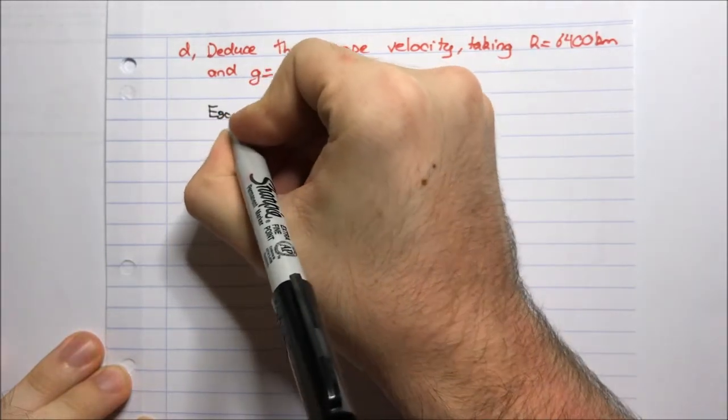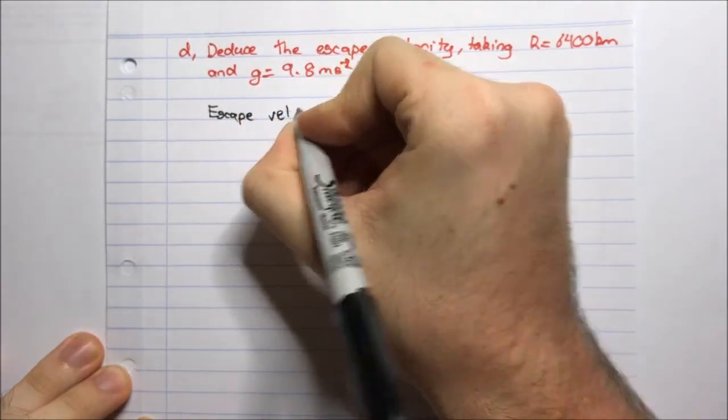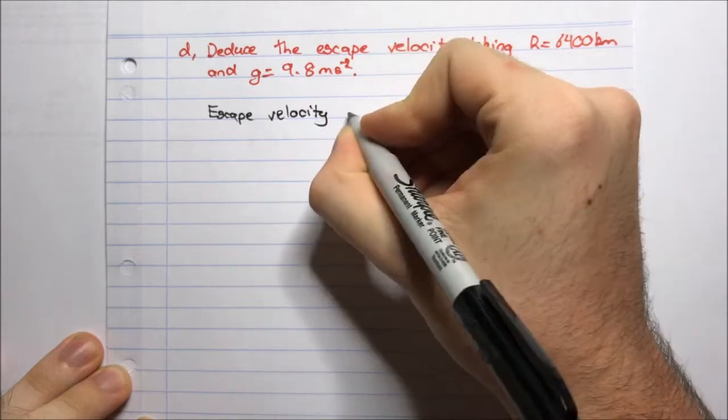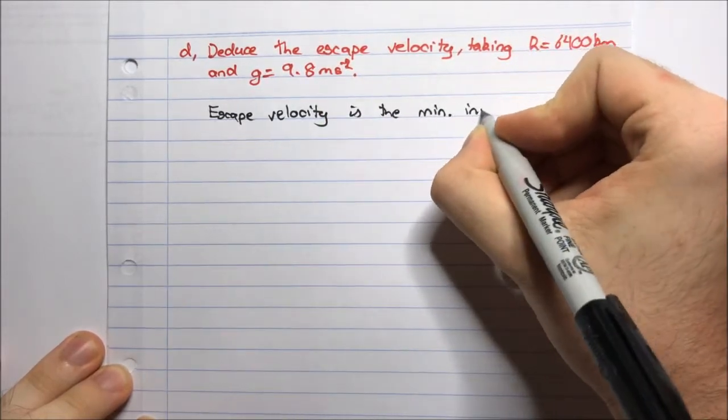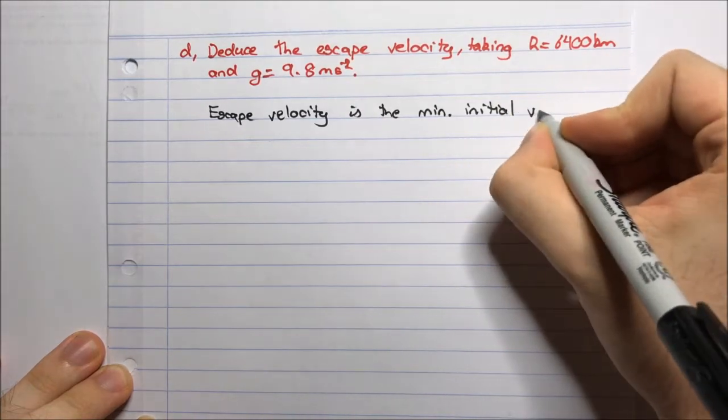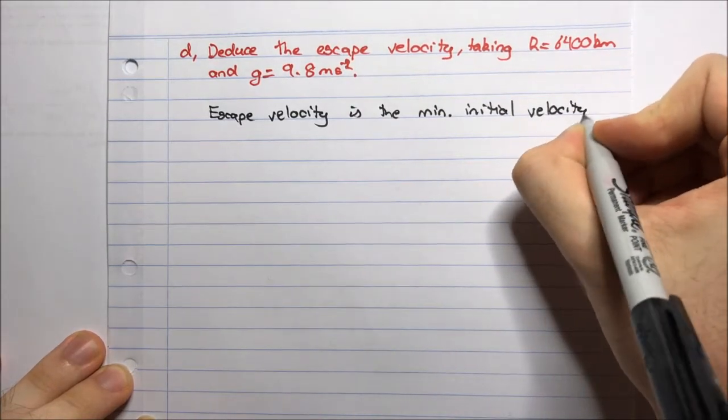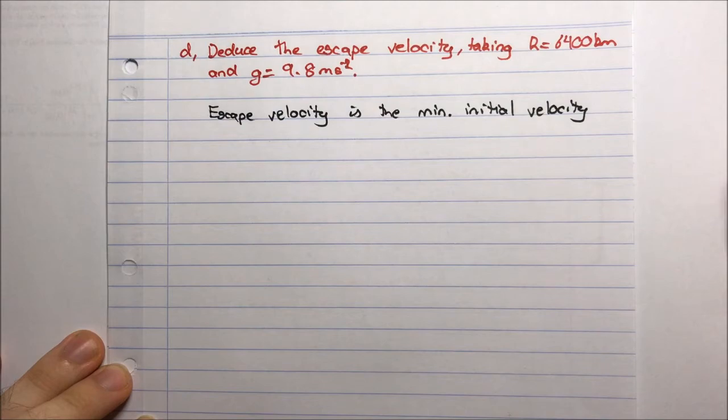Escape velocity is the minimum initial velocity, and by initial I mean the velocity with which it's being launched.